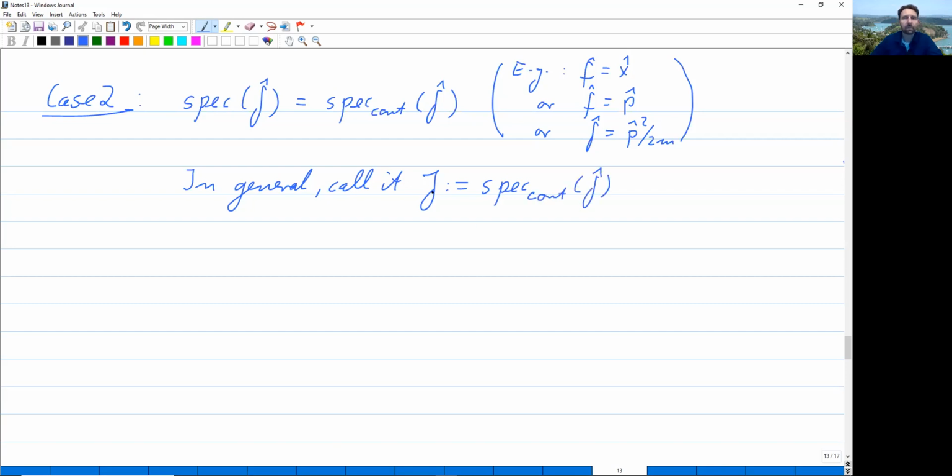So J will be the continuous spectrum of our operator, and it could be some interval in the real line, or it could be consisting of 2 intervals, or any number of intervals in the real line, or it could be even half axis or the entire real line. So this is a subset of R.